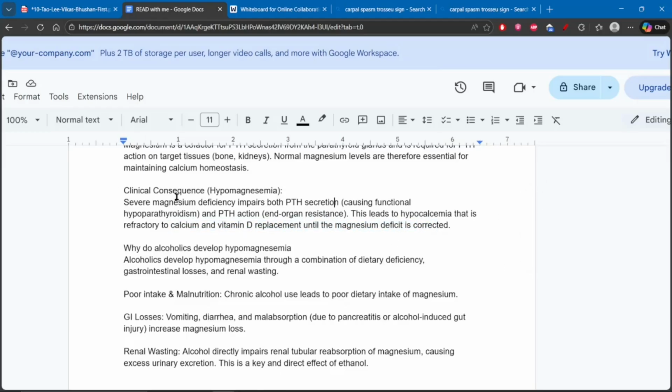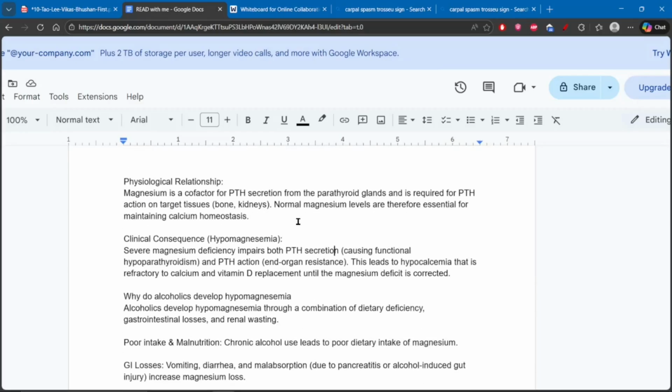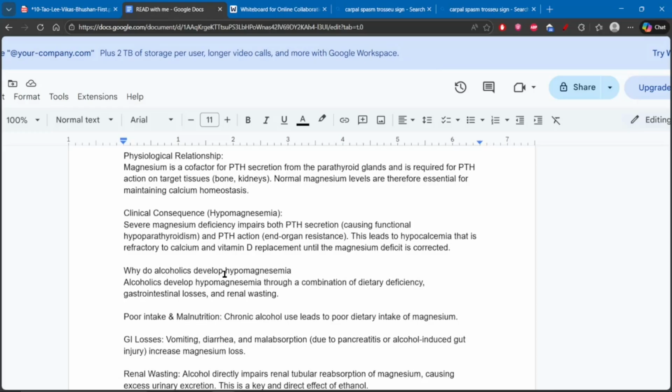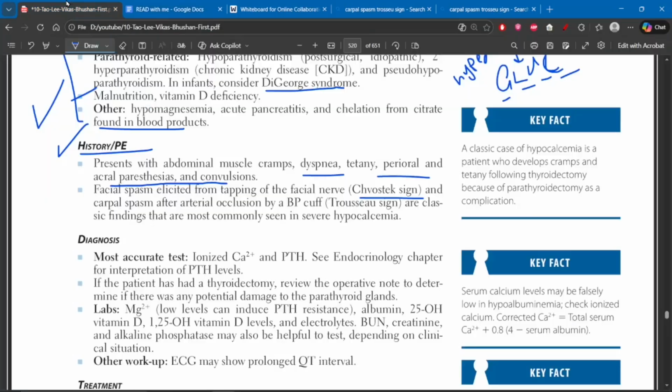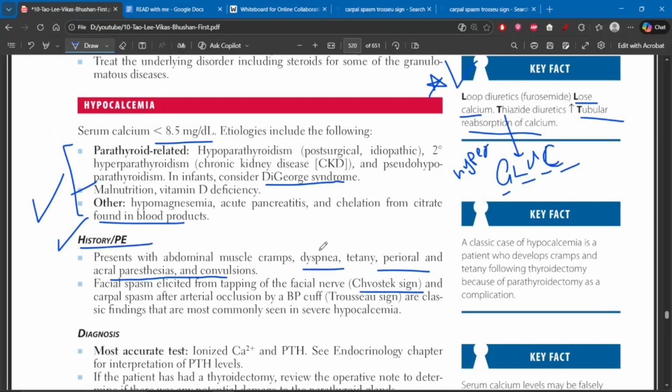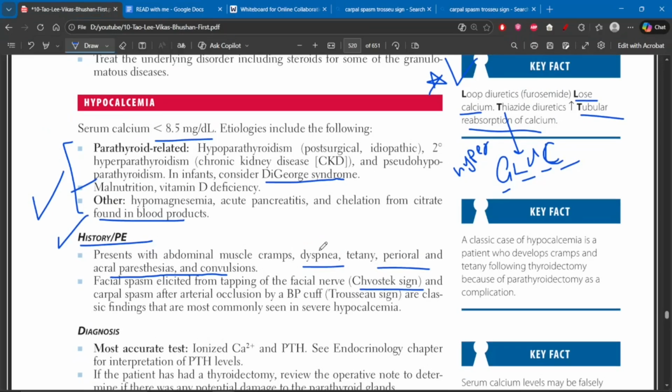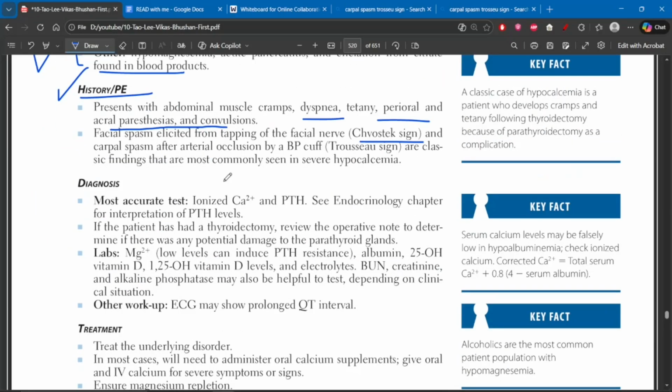So you need to keep this in mind because this is often used as a subtle clue in the question. They're testing you for this relationship. Okay, so I think this is it for that.